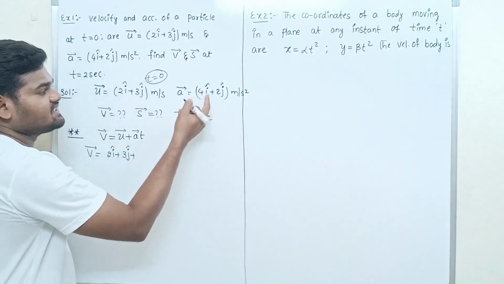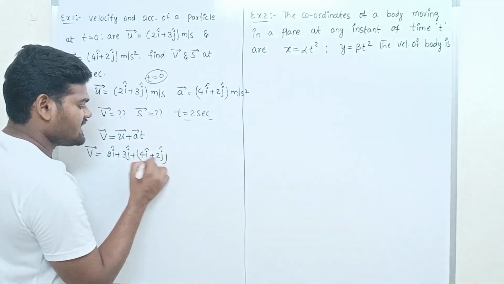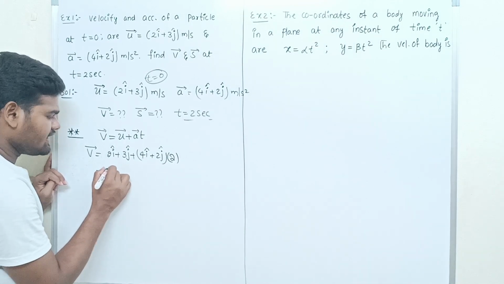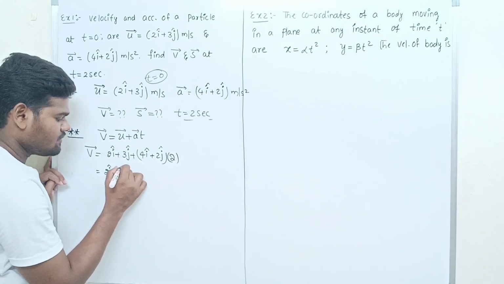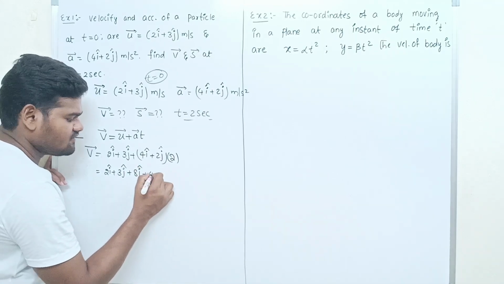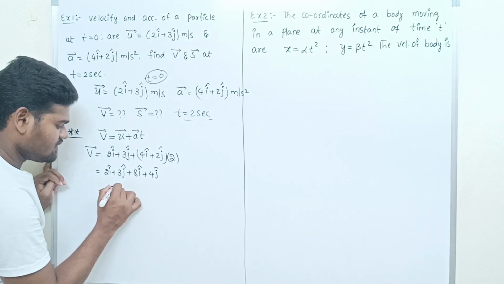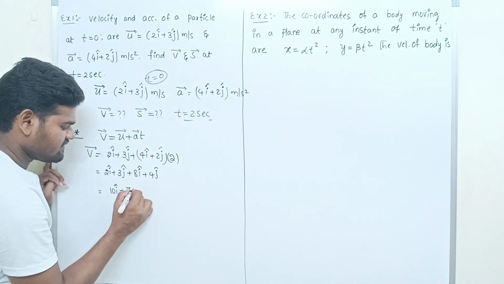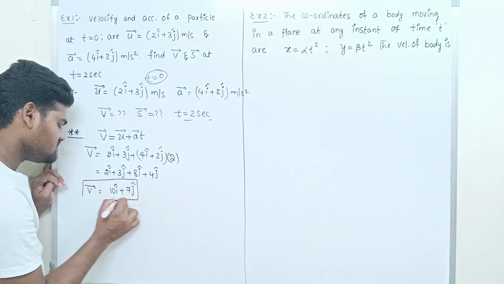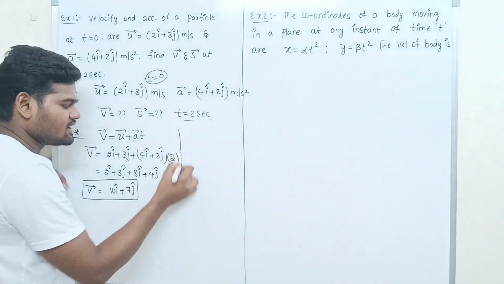Plus what is acceleration? 4 i cap plus 2 j cap. What is time? 2 seconds. So that is equal to 2 i cap plus 3 j cap plus 2 times 4, 8 i cap, plus 2 times 2, 4 j cap. So that is equal to 2 plus 8, 10 i cap, plus 4 plus 3, 7 j cap. So this is the final velocity of the object at 2 seconds.